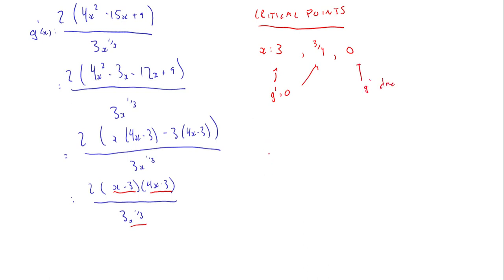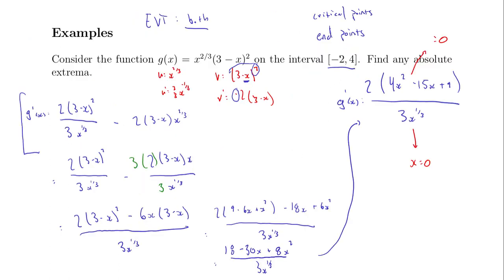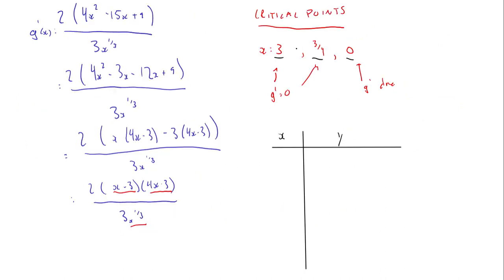What we care about, though, is finding absolute maxes and absolute mins, which is not going to be that hard because what we have now is a whole list of possibilities. We have a bunch of x values, and we want to compare their corresponding y values. We're looking at this interval here, -2 to 4.